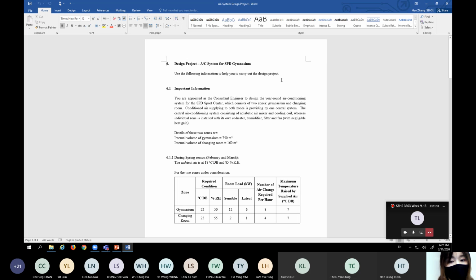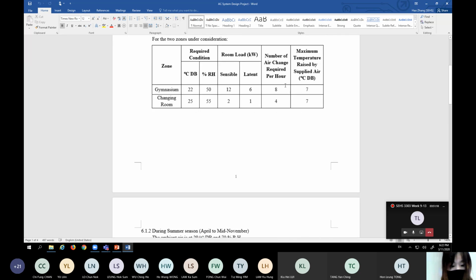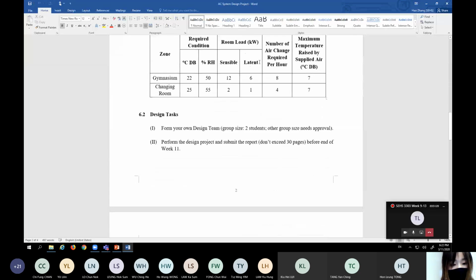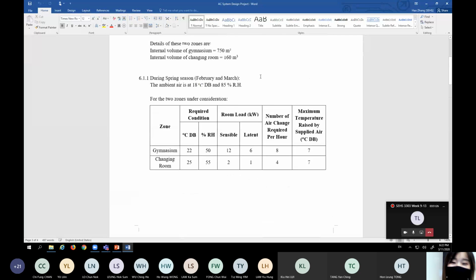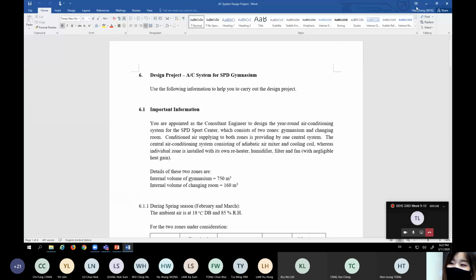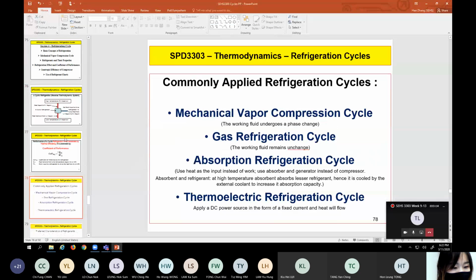So I asked for this material, but I'm not sure it's the same as yours. Is it the same as yours? Yes. That's all, that's the material I have. So sorry, I cannot help. That's the requirement for you.